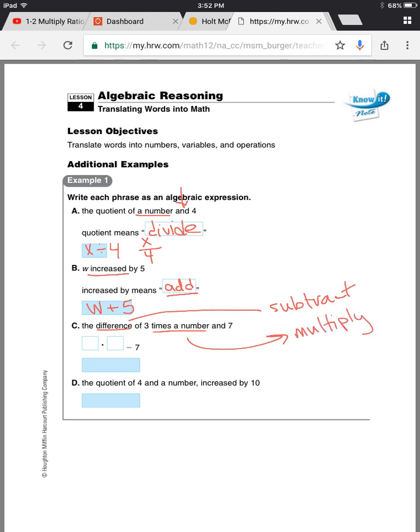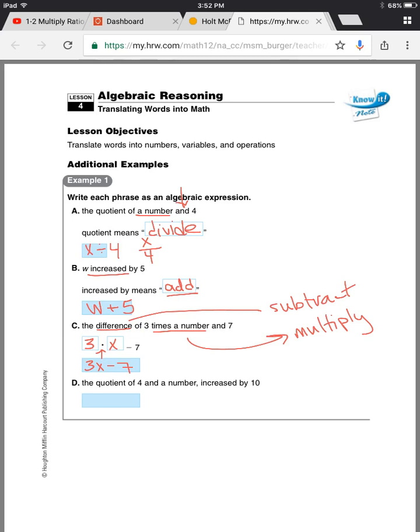Well, they already set this up for us. They put the multiplication sign there. So it's pretty obvious to me that we're going to put 3 there times a number, and then they give us the minus 7, so it's 3x minus 7. 3 times a number minus 7.